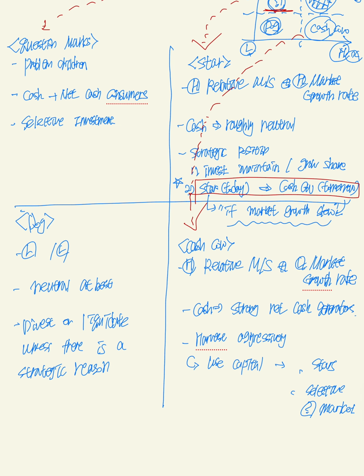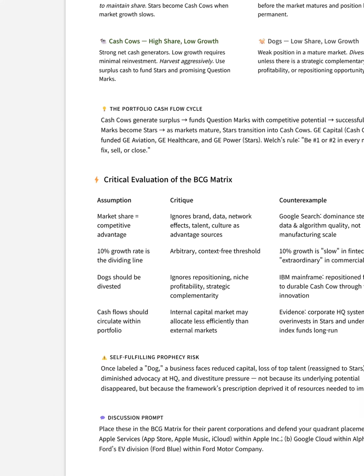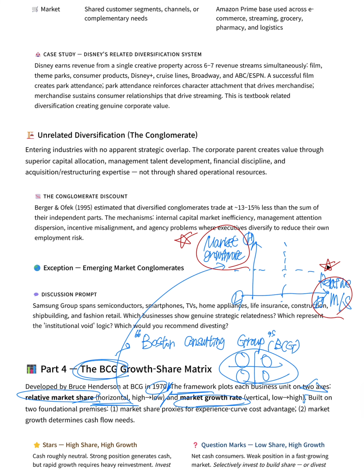I hope all students understand all of these four types of business metrics. So we are back to the lecture note. Here are the stars. We'll review the business metrics. High share, high growth: a strong position, generates cash, but rapid growth needs investment.